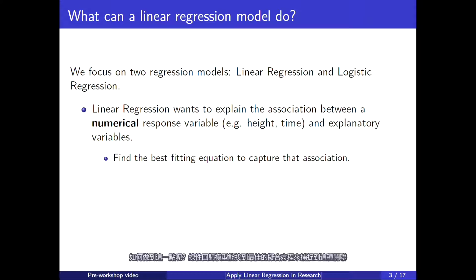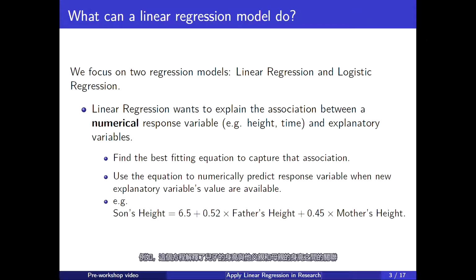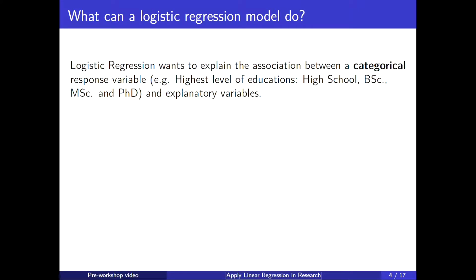The linear regression model finds the best fitting equation to capture that association. Then, use the equation to numerically predict the response variable when new explanatory variables' values are available. For example, this equation explains the association between a son's height and his father's and mother's height.